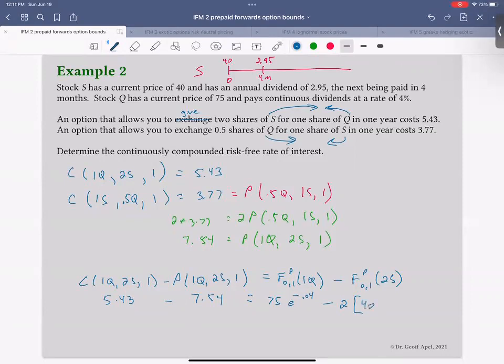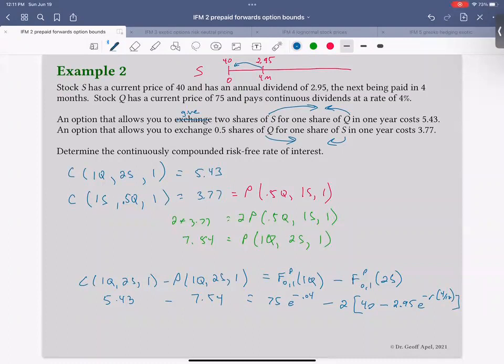So 40 minus that 2.95 e to the negative r times, going back 4 months, so times 4/12. Or if you want to be super fancy, 1/3, but it's okay. Perfect. But great, okay, so now I've got an equation. It's just really hard for the algebra, but that's okay. I've got the equation, I can just solve for it now.